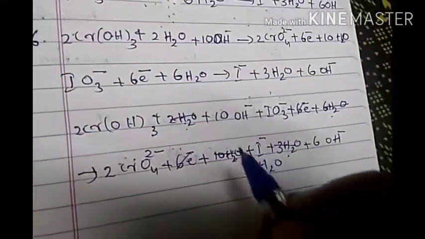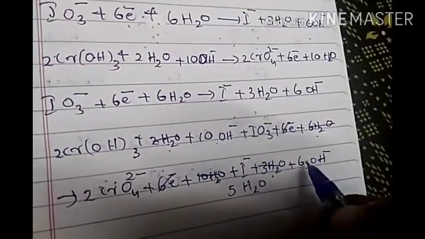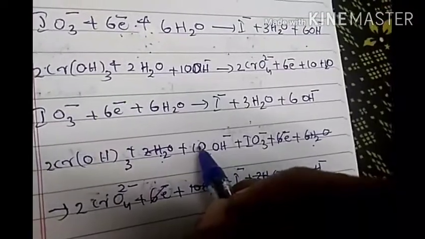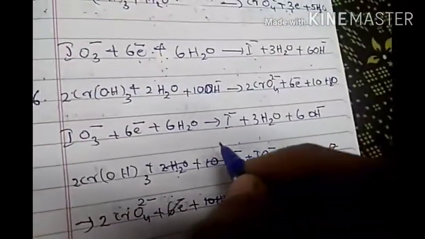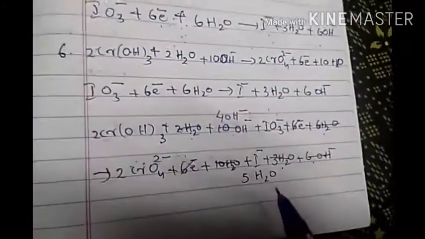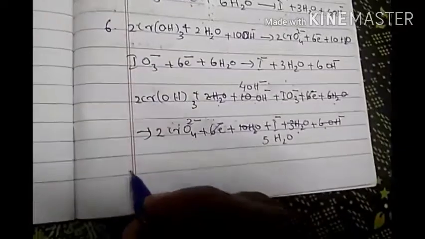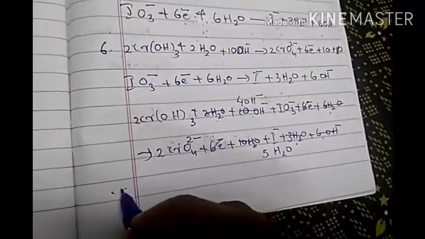Then what about OH minus? Here 10 OH minus and here only 6 OH minus. So how many OH minus will be there? 4 OH minus, isn't it? So here there will be 4 OH minus. So these are the common terms. Then we can write this equation together. That is the next step, 7th step.